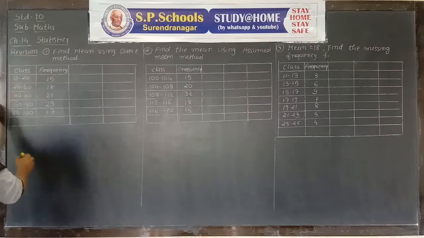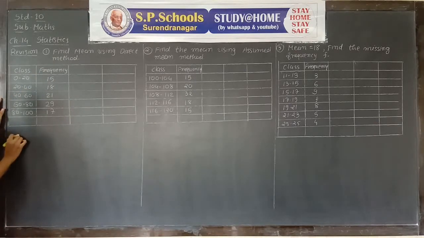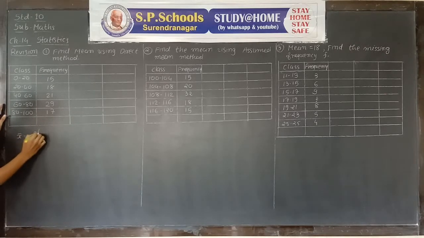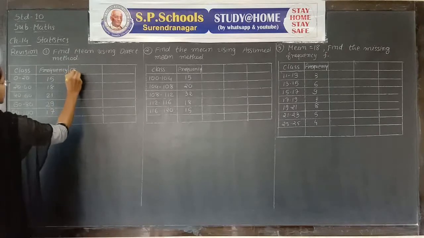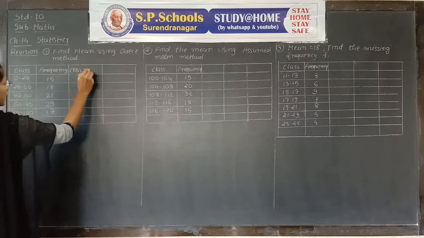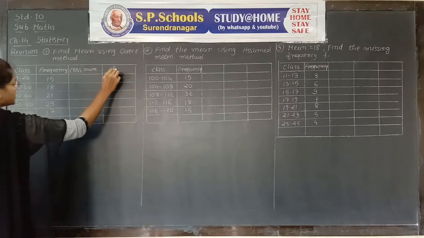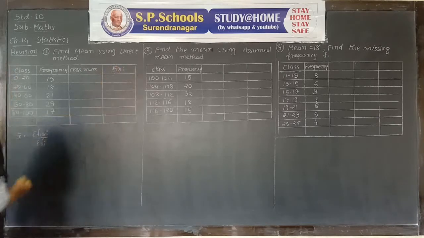We use the direct method, so first of all the formula: x bar is equal to sigma fi xi upon sigma fi. For that we require xi, the class mark. The third column is for class mark and the next is fi multiplied with xi.